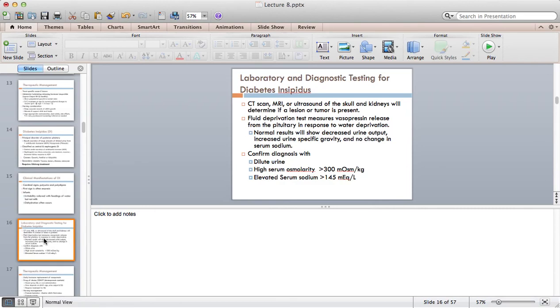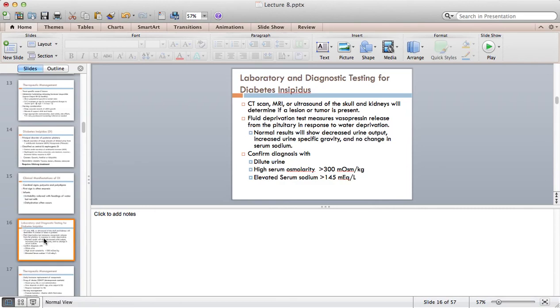You would like to see a decrease in urine output and an increase in specific gravity, meaning that the body is able to hold onto fluid and also able to maintain the specific gravity of the urine.